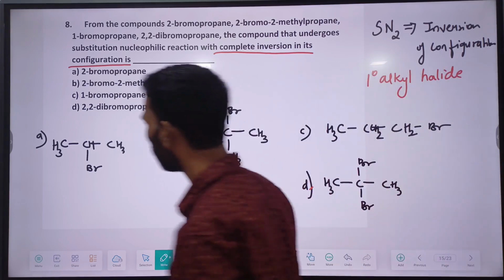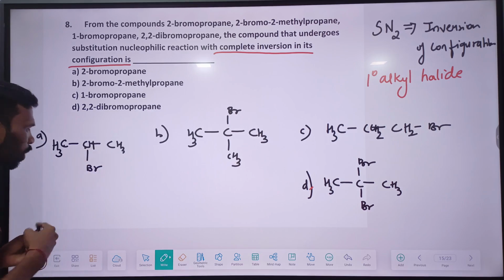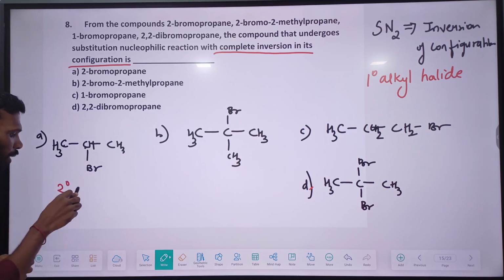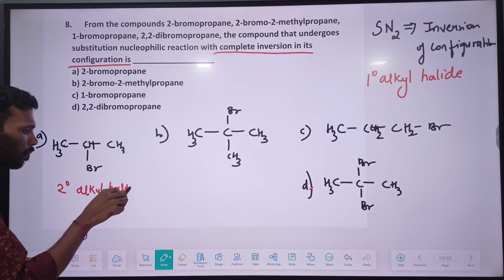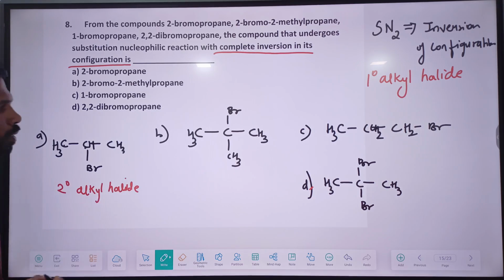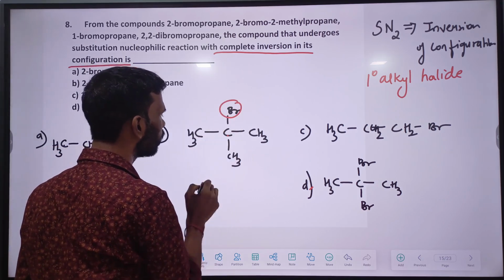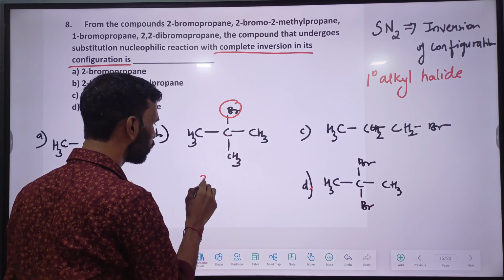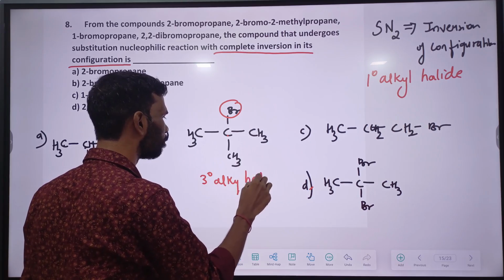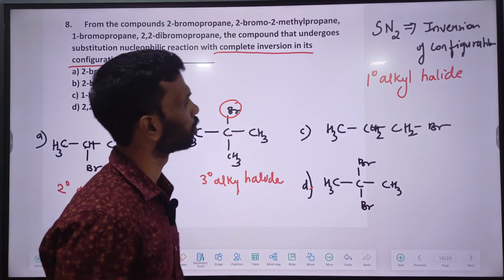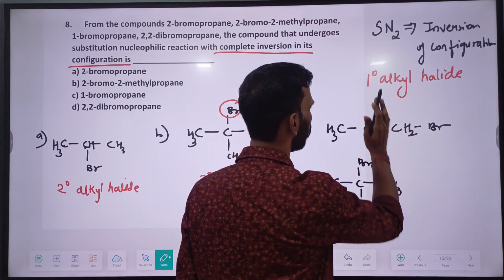So over here, A is what? This Br is connected to this carbon, which is directly connected to 2 carbons, therefore this is secondary alkyl halide. This halide is connected to this carbon, which is directly connected to 3 carbons. So this is tertiary alkyl halide. This Br is connected to this carbon, which is directly connected to only 1 carbon.